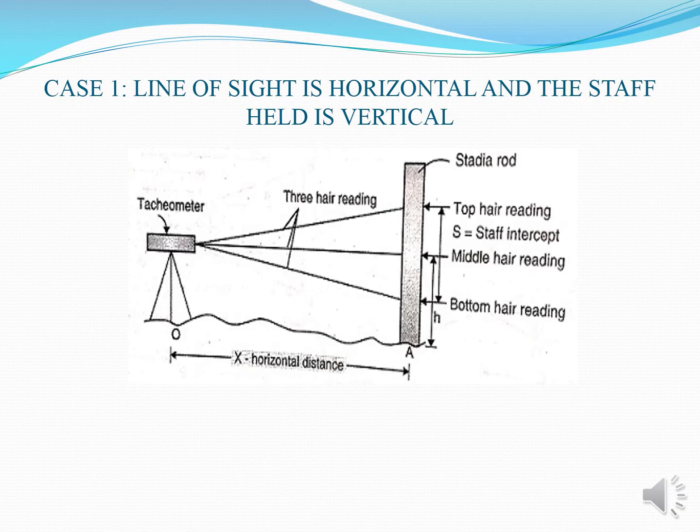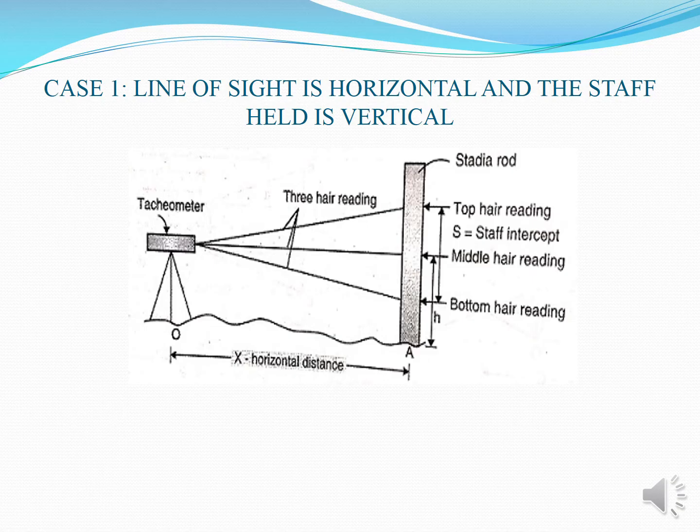On the stadia rod at point A there are three different readings shown. On the topmost side there is a top hair reading, on the bottom side there is a bottom hair reading, and in between those two readings there is a middle hair reading.